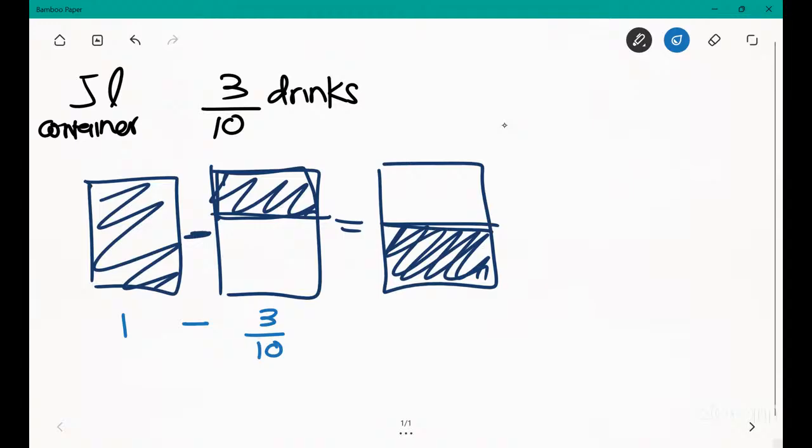So how do we get this whole number as a fraction? Here you can see my denominator is 10, so I have to make this denominator 10 as well.